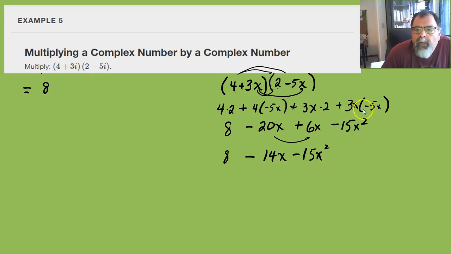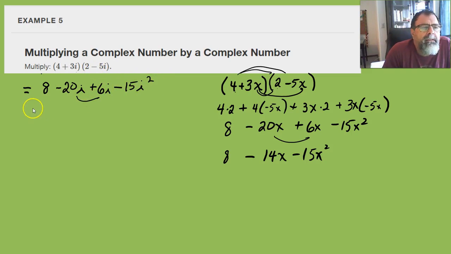Just going to do this in my head. 4 times negative 5i is negative 20i. 3i times 2 is 6i. And then 3i times negative 5i, so don't forget the negative, will be negative 15i squared.